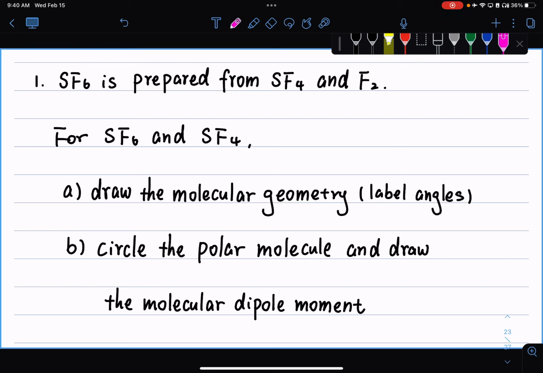For these two molecules, SF6 and SF4, can you draw the molecular geometry, circle the polar molecule, and also draw the molecular dipole moment of these two molecules? So I'm just going to write out these two molecules of interest because I'm going to scroll down. The two molecules of interest are SF6 and SF4. And we're drawing their molecular geometry and trying to determine the molecular dipole of these two molecules.